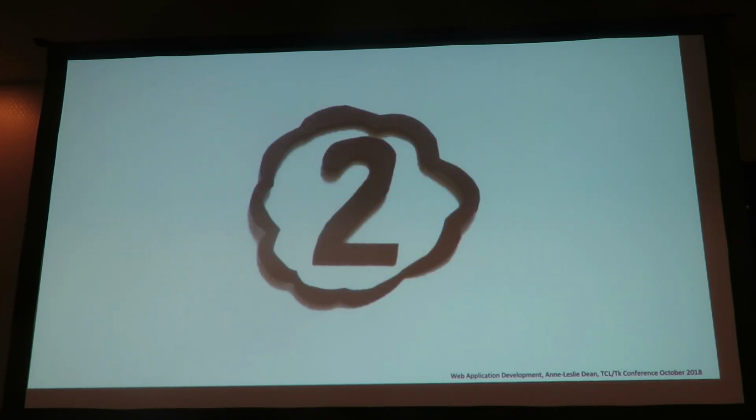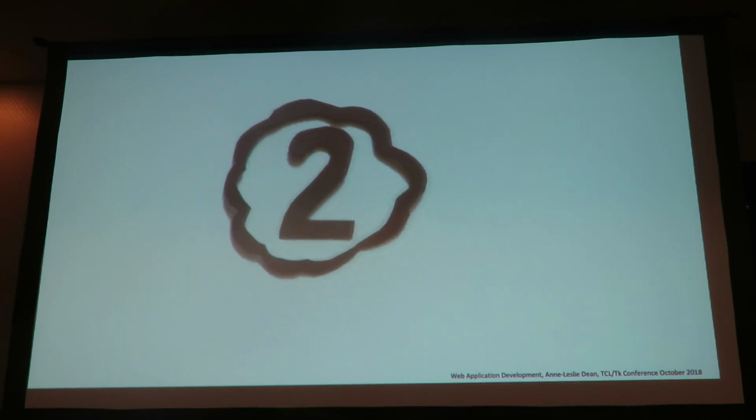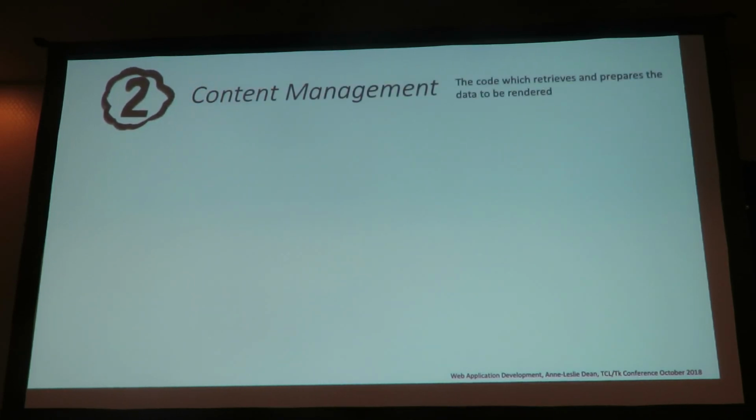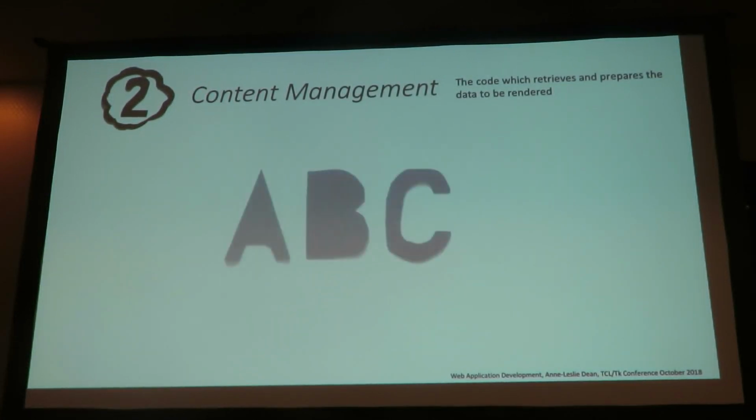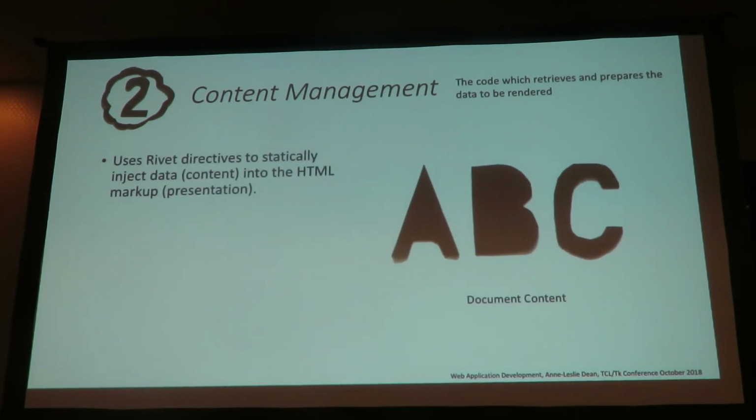2 is content management. And again, for the purposes of this discussion, we'll call that the code which retrieves and prepares the data to be rendered into the web document. So there's some content. Again, you need context for this, but it uses Rivet directives to statically inject the data, aka content, into the HTML markup, which is your presentation.